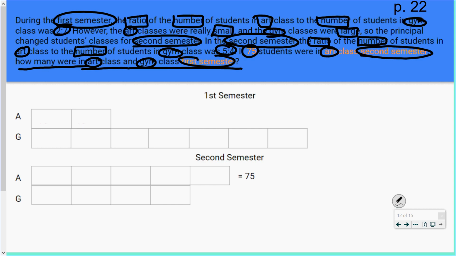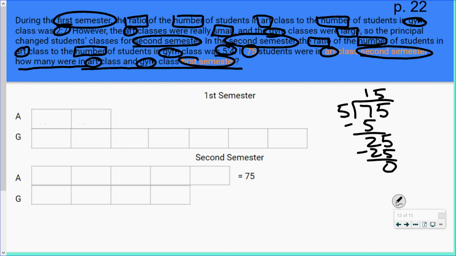So I can now put that right here, right? So does that tell me my ratio constant? What do I need to do? Nathan? Divide 75 by 5. Okay, so if I take 75 divided by 5, I get 15. What do I do to that 15?